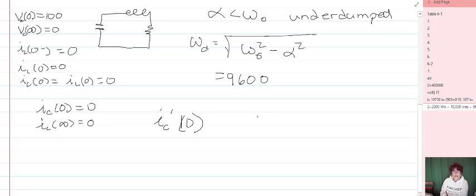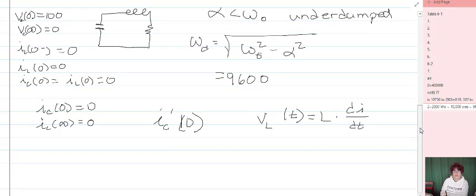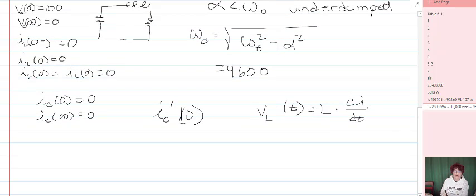Well, we know that VL of t equals L di dt. So this is dIL dt, but we are in series, so dIL dt will be the same as dIC dt.